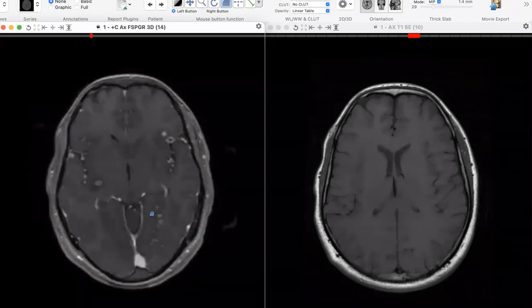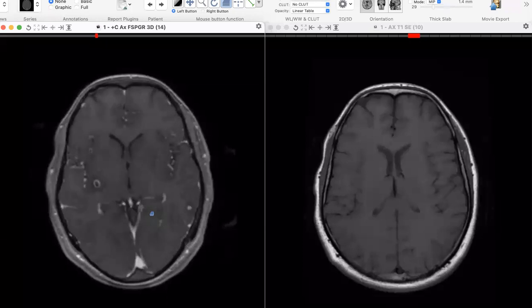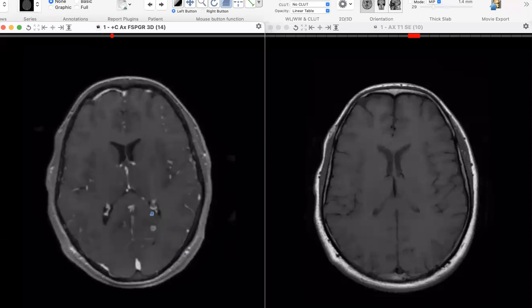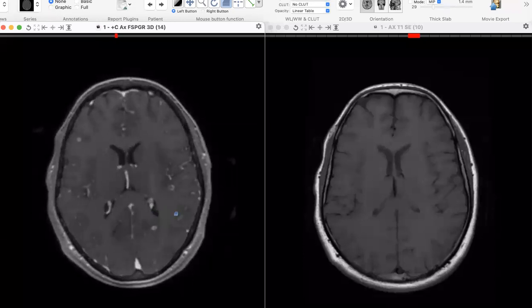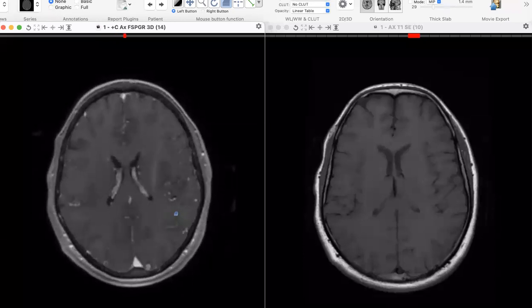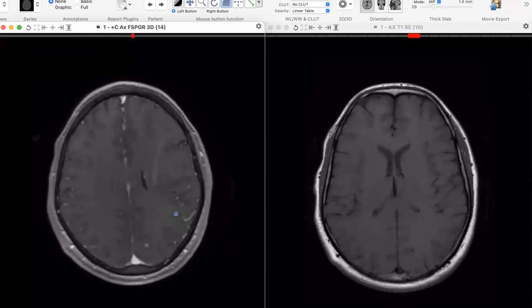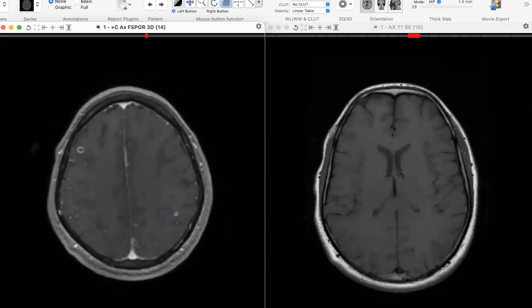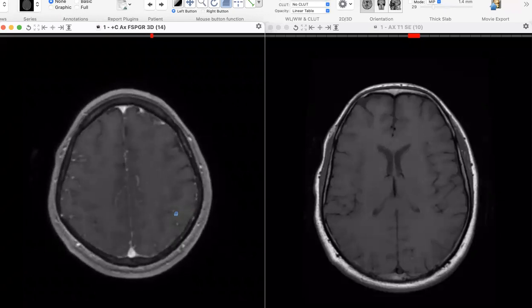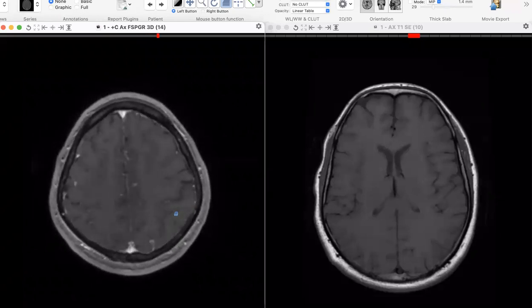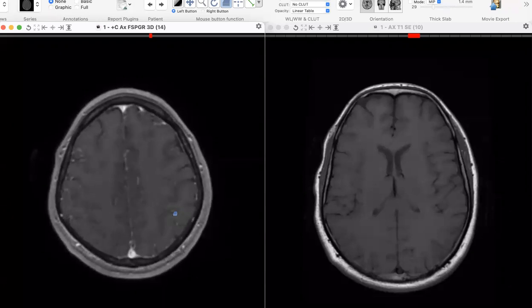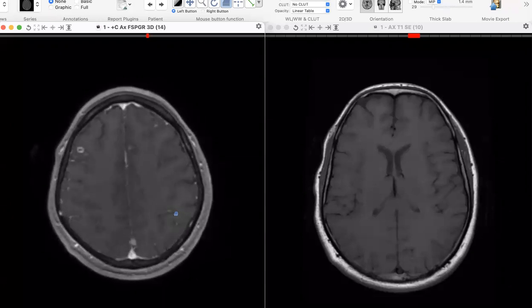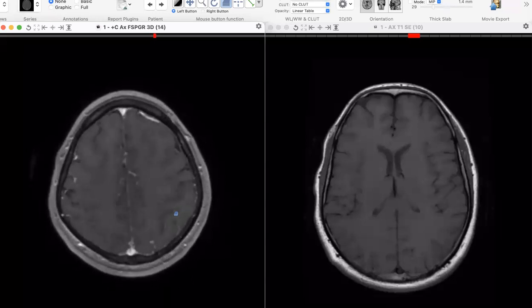In fact, both the cerebellum and cerebrum are almost studded with multiple ring enhancing lesions. The rings are complete and they're not interrupted. There is no definite surrounding vasogenic edema or mass effect around these rings.